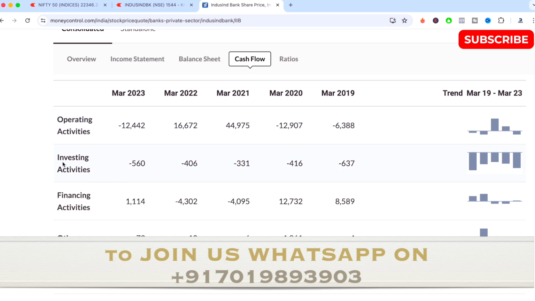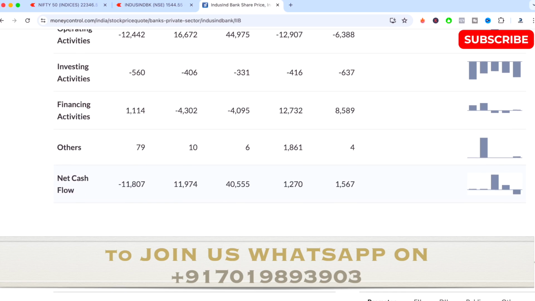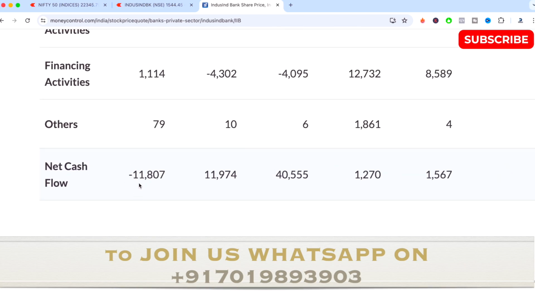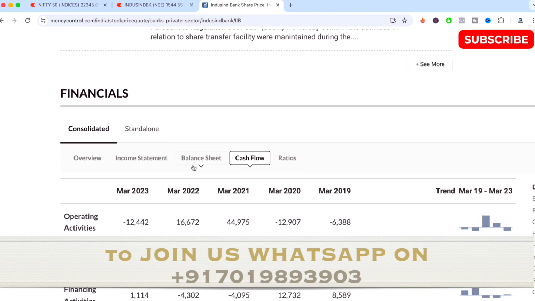And you can see investing activities have been down here continuously, and financing activities, in March 2022 it was minus 4,302, but in 2023 it is 1,114, which is increased. And you can see net cash flow is minus 11,807 for 2023. That's the latest data we have here.